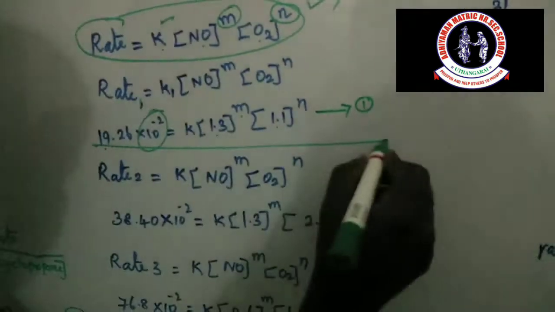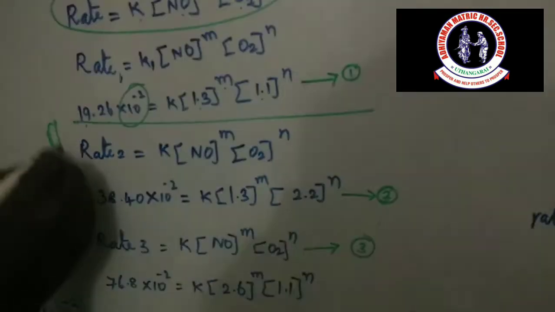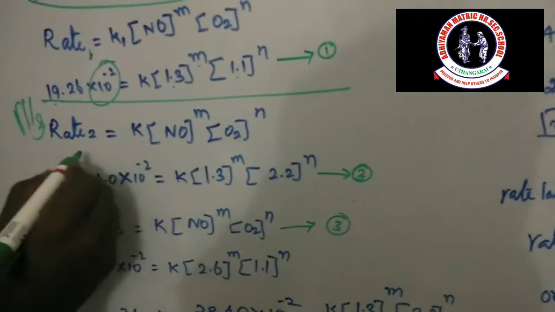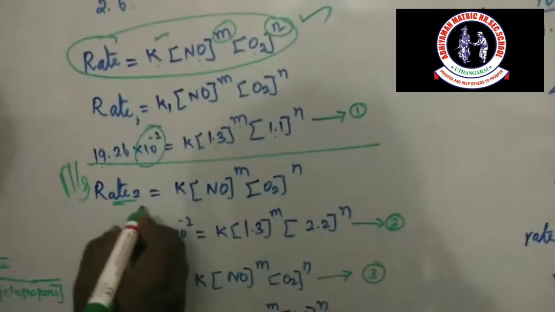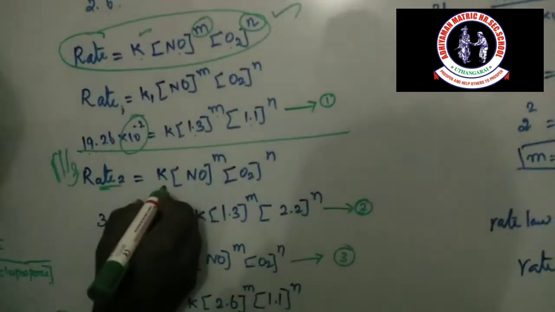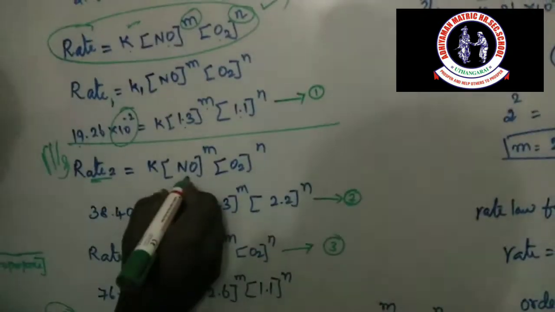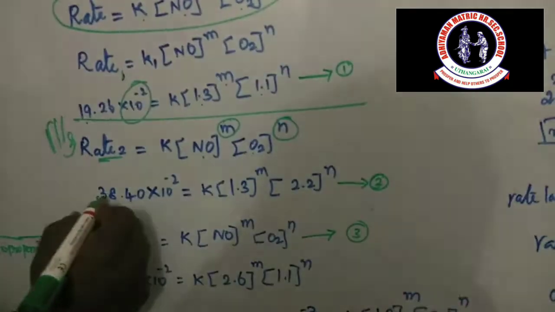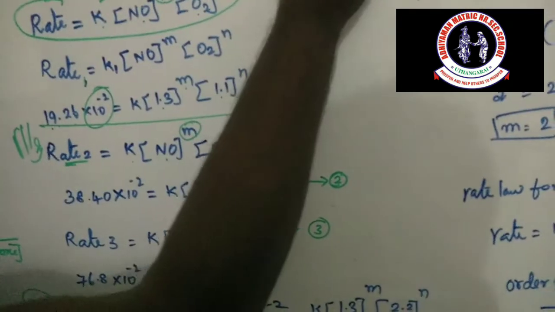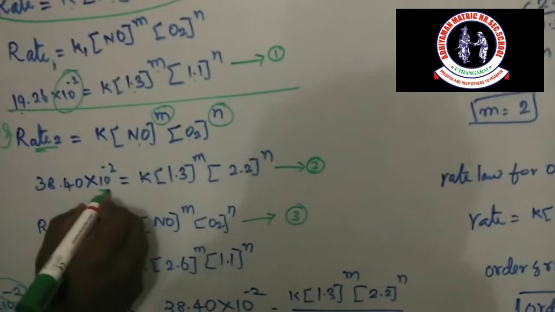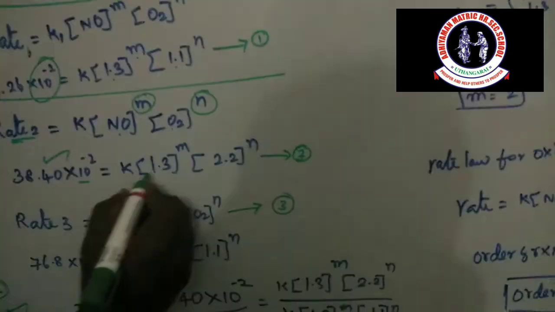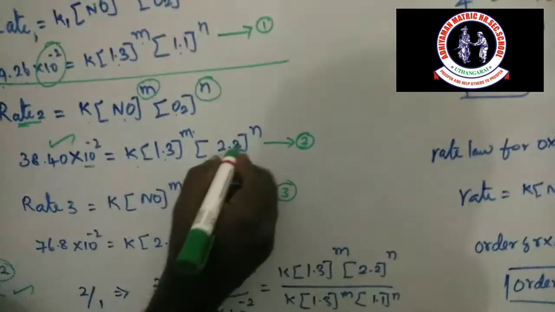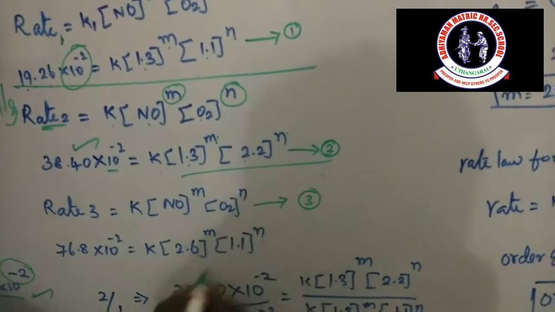So that is equation number 1. Similarly, the rate equation for the second equation: rate is equal to K into NO, nitrogen monoxide, power M, oxygen power N. Values are given, so 38.40 into 10 to the power of minus 2 is the rate, K into 1.3 power M, 2.2 power N, equation number 2.